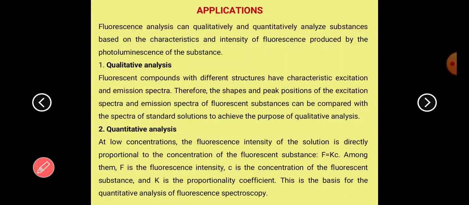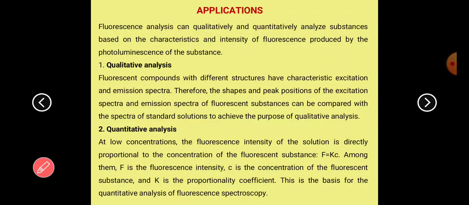Next, coming to the applications involved in fluorimetry. Fluorescence analysis can quantitatively and qualitatively analyze substances based on the characteristics and intensity of fluorescence produced by the photoluminescence of the substance. So here we can study one by one. First one, qualitative analysis.